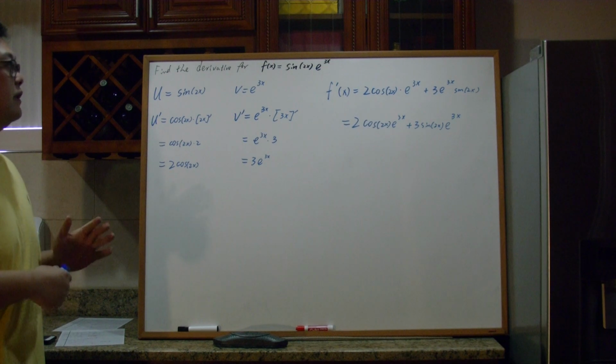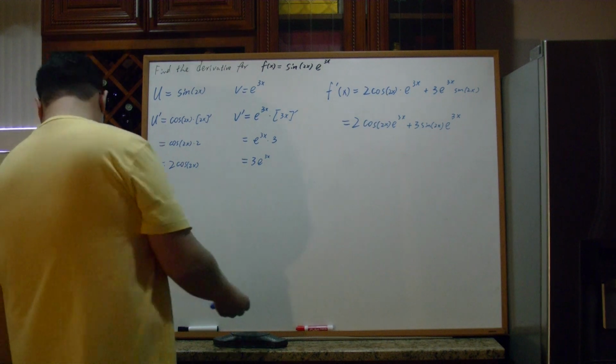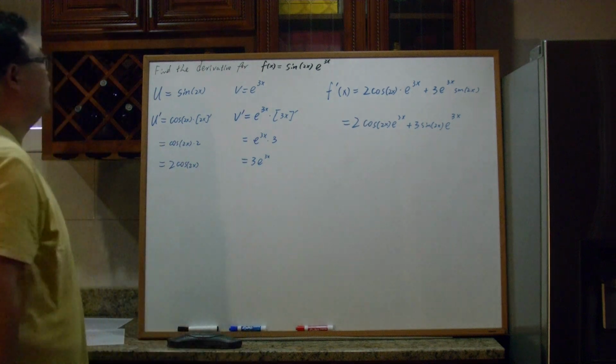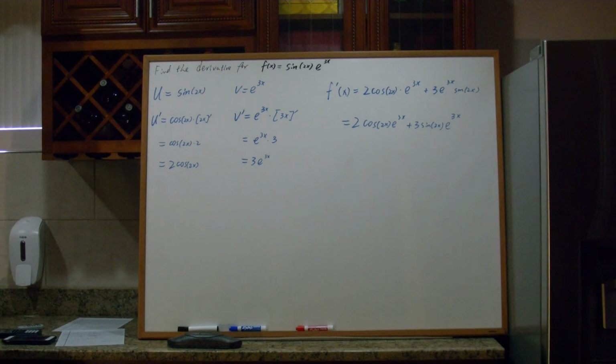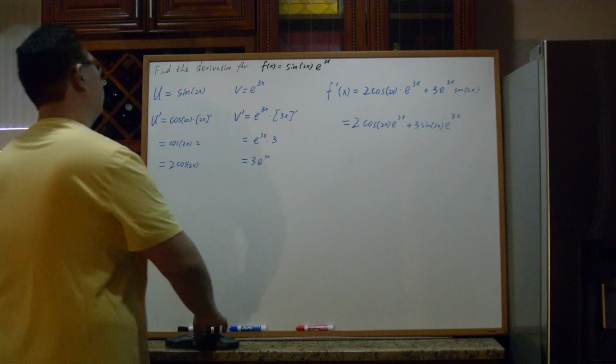So that is the derivative of sine 2x e to the 3x. From those examples, I believe we'll have some idea of how to apply the chain rule, differentiating one by one, step by step.